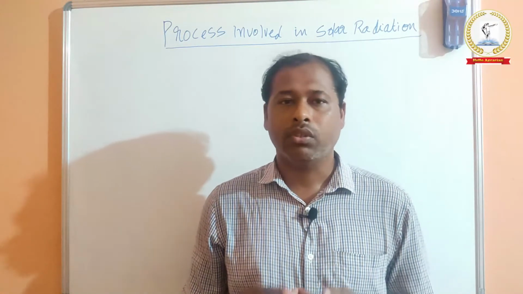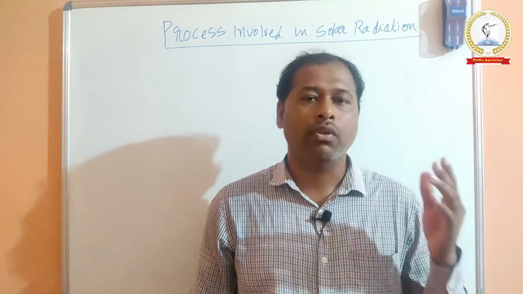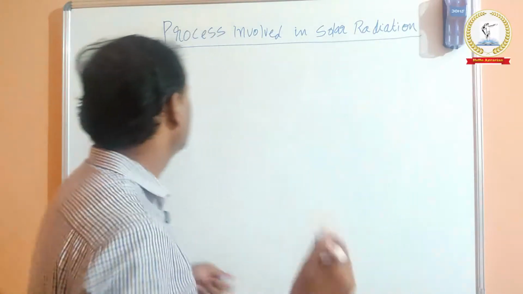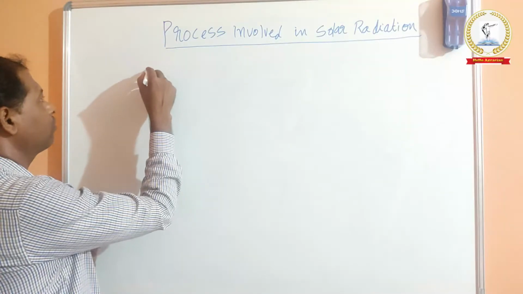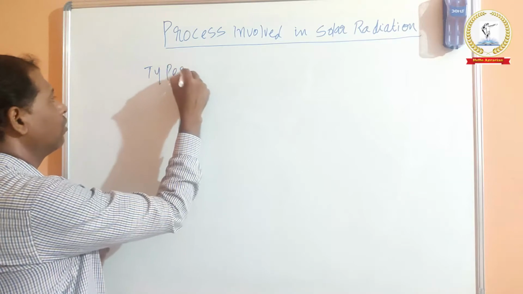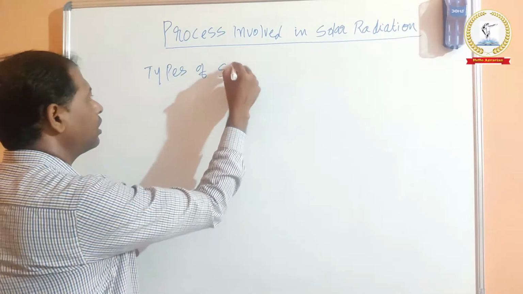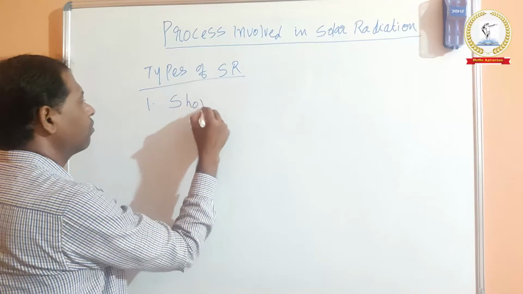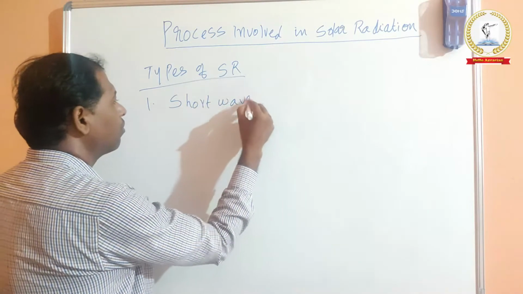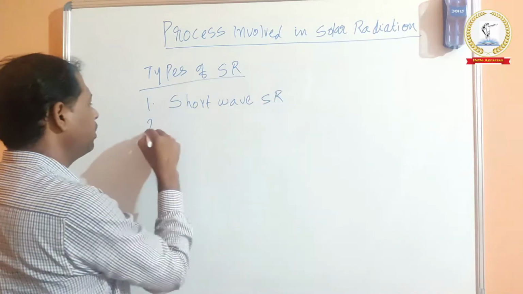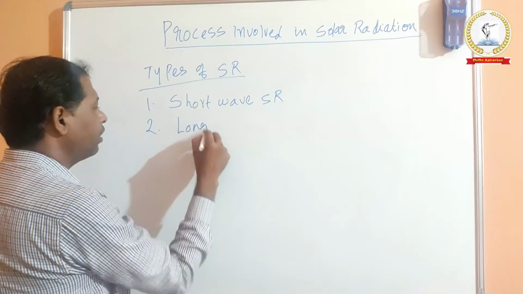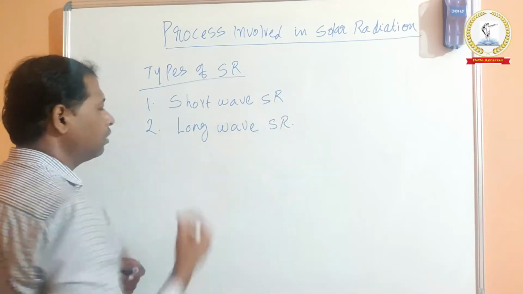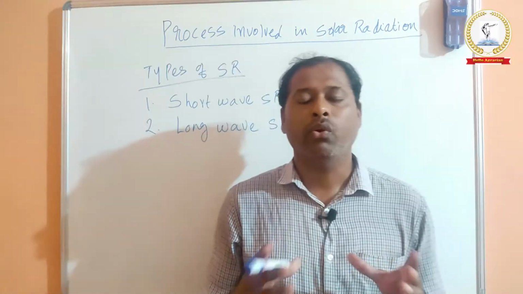So there are two types of solar radiation: one is short wave solar radiation, and the second one is long wave solar radiation. Okay, you know it very well.